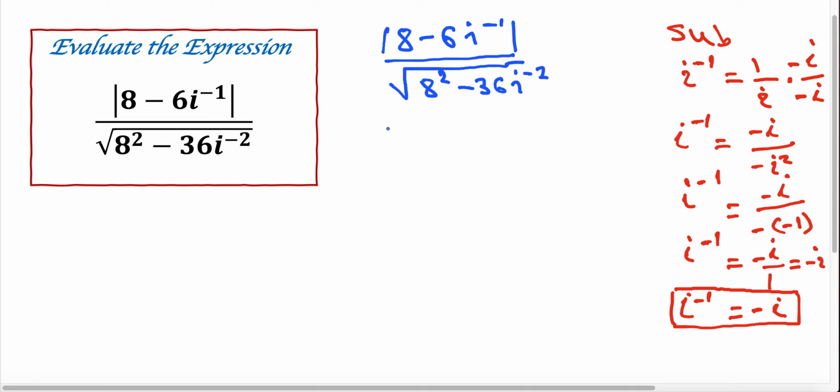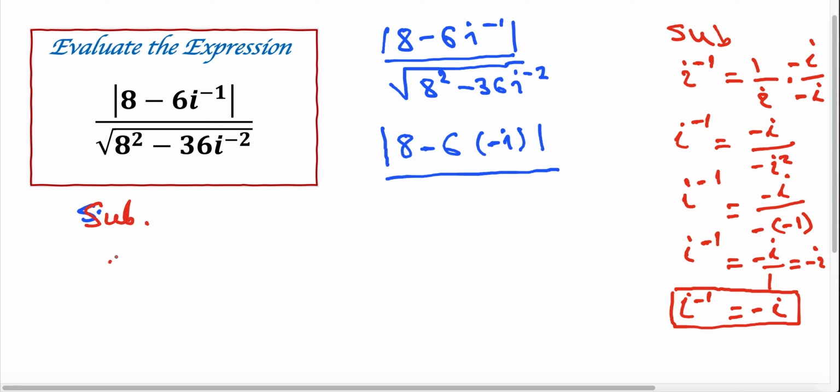And now I'm going to substitute instead of i in exponent minus 1 with minus i. And then here i in exponent minus 2, so this one I'm going to substitute. I'm substituting i in exponent minus 2 is 1 over i squared.